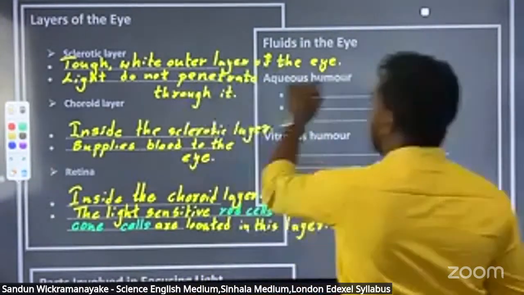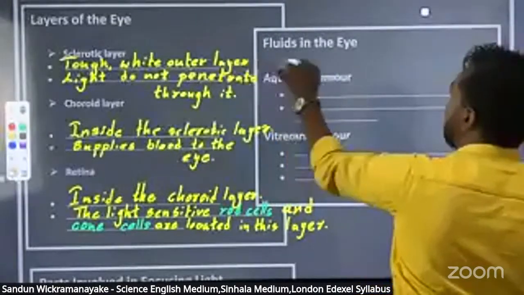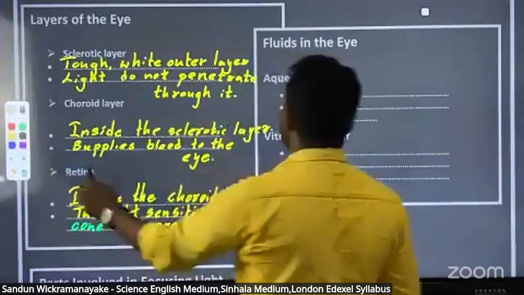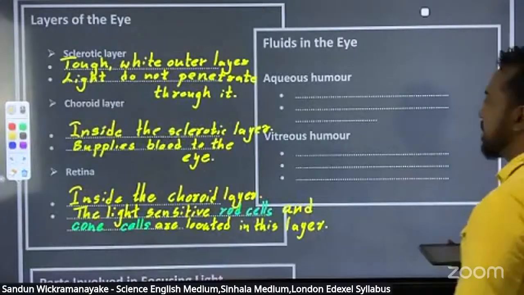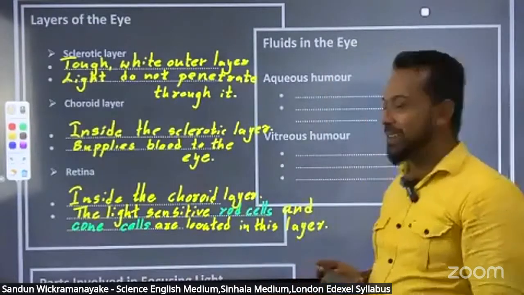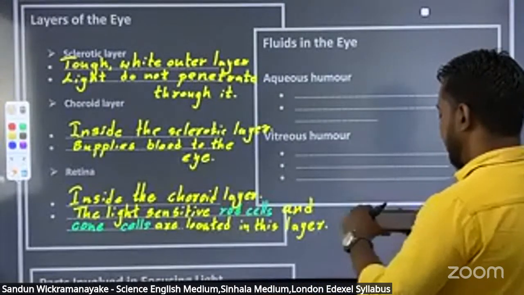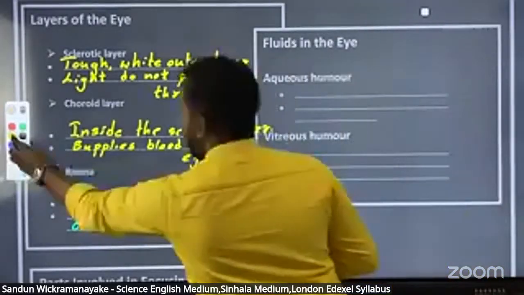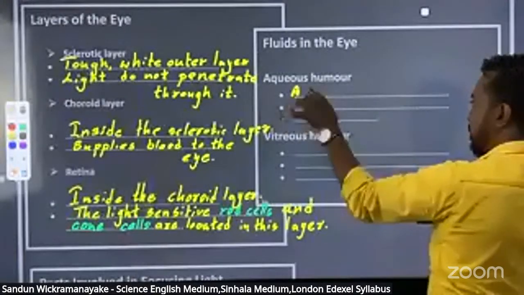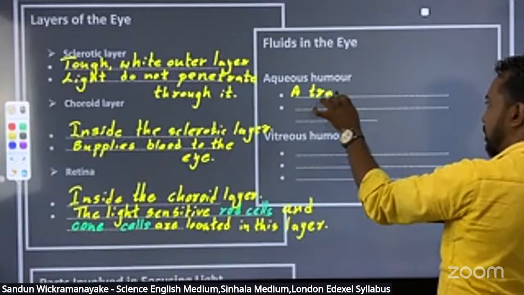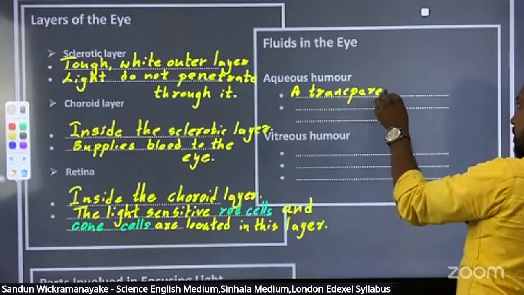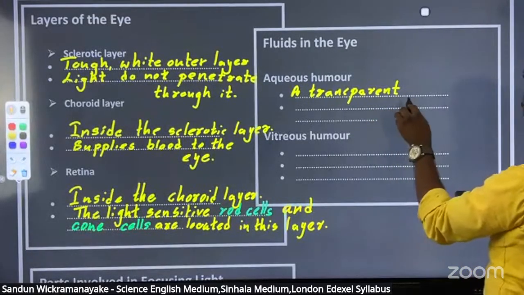There are two kinds of liquids inside of our human eye. One is aqueous humor, the other one is vitreous humor. Okay, right. So I'm going to start that writing. A transparent watery liquid.